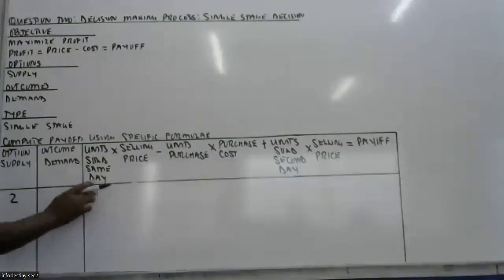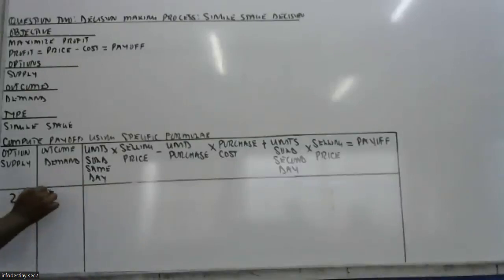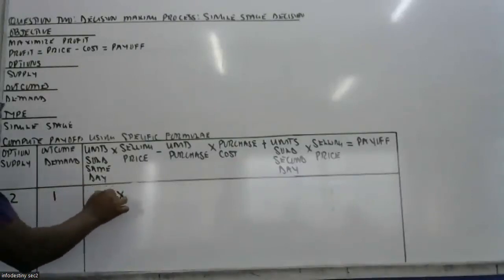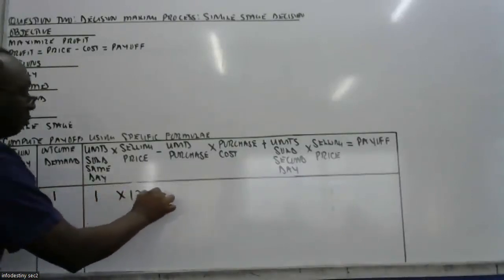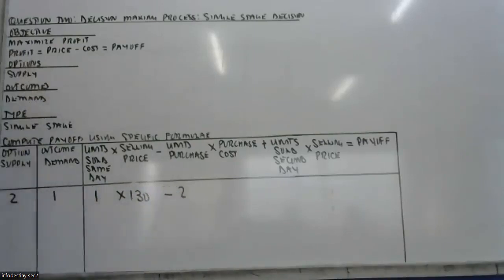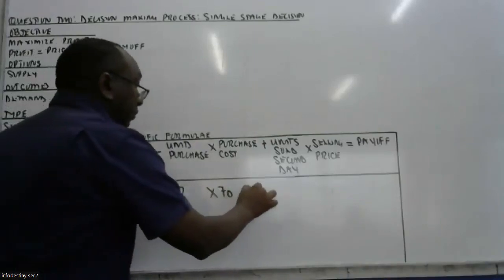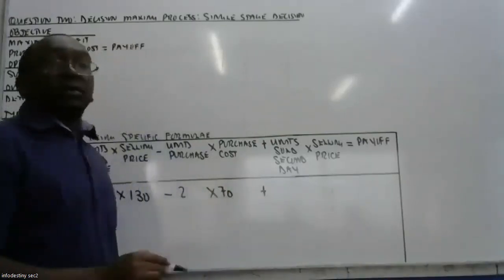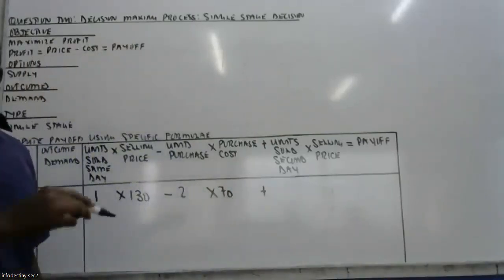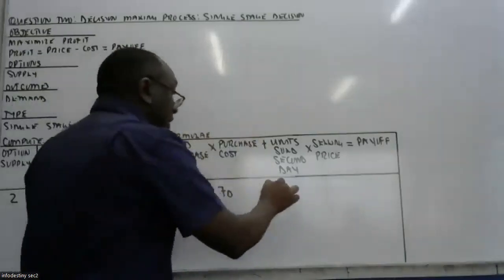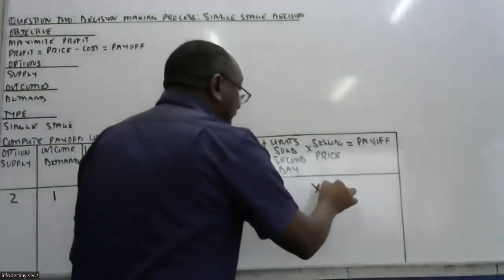If you have bought 2 and only 1 customer comes, you sell 1 at 130, but you have purchased 2 at 70. Plus, there is 1 that remains to be sold the following day. Now you sell it at 30.